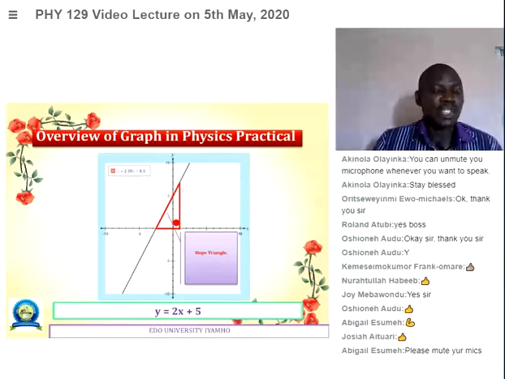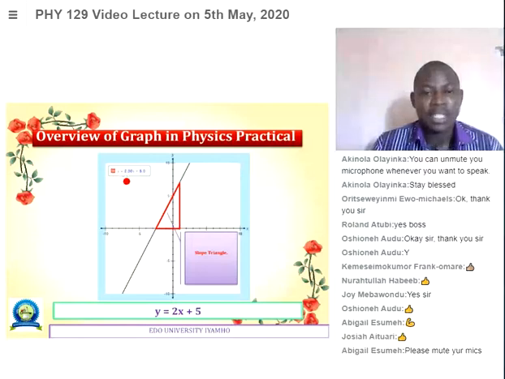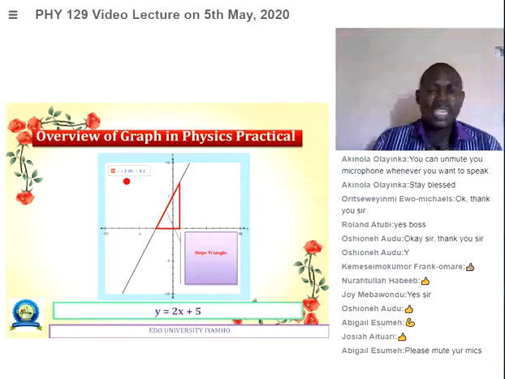It doesn't have to be the exact value, but there must be comparison. If you compute your own and you get something like 1.99 or 2.01, that is still within the experimentally acceptable limit of error.